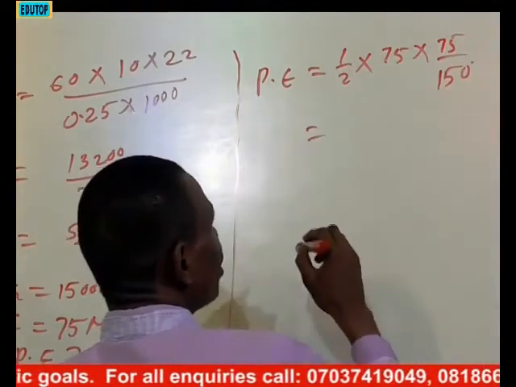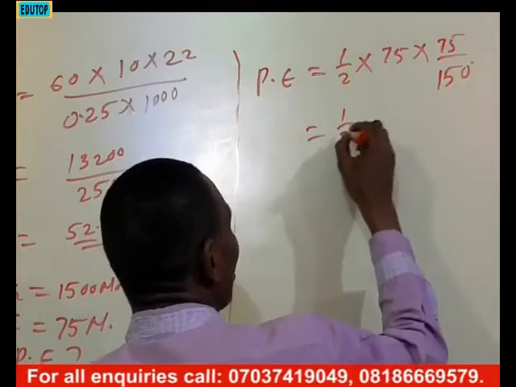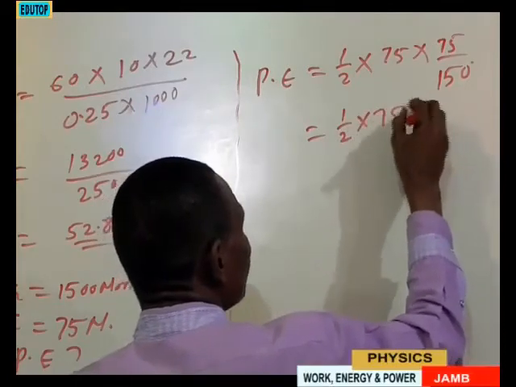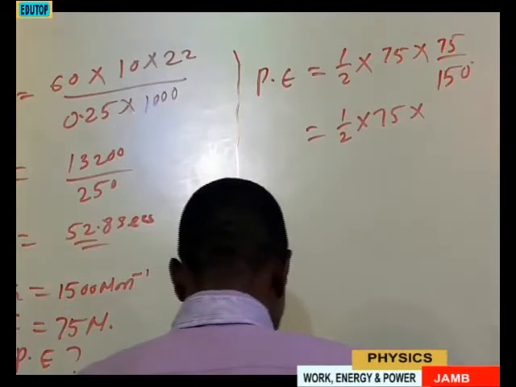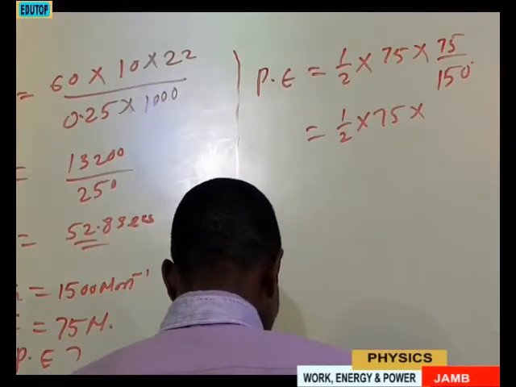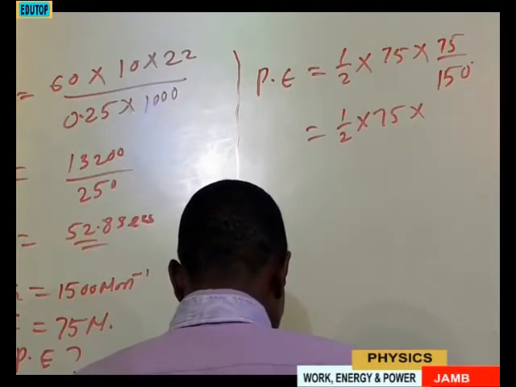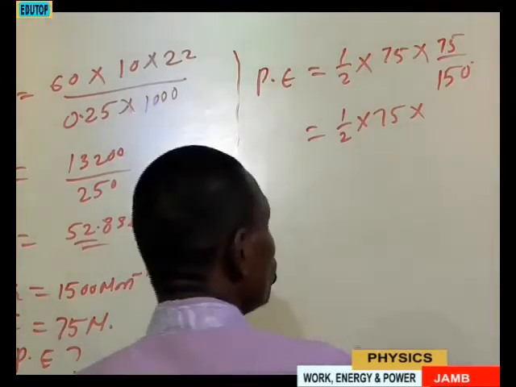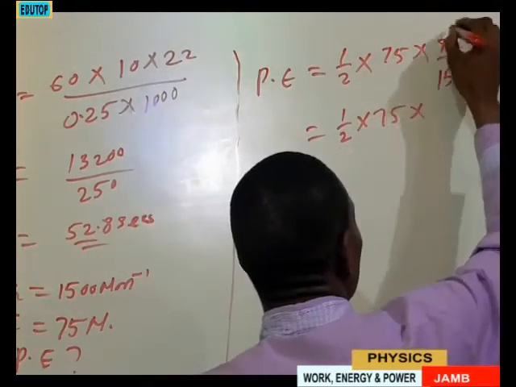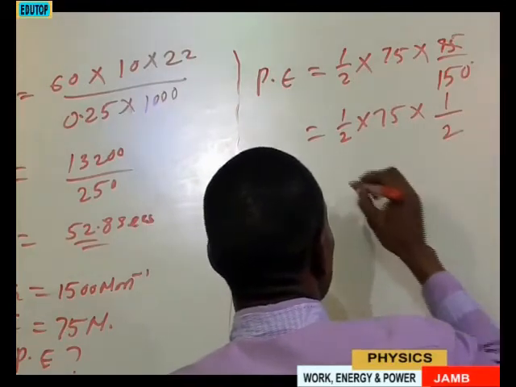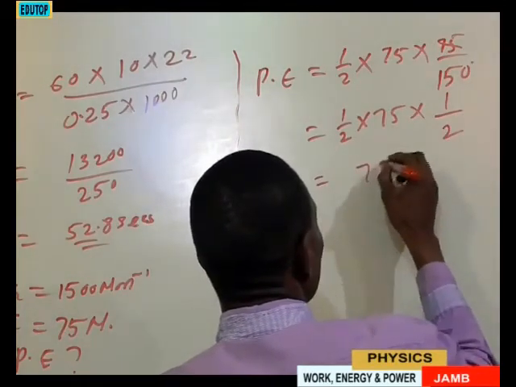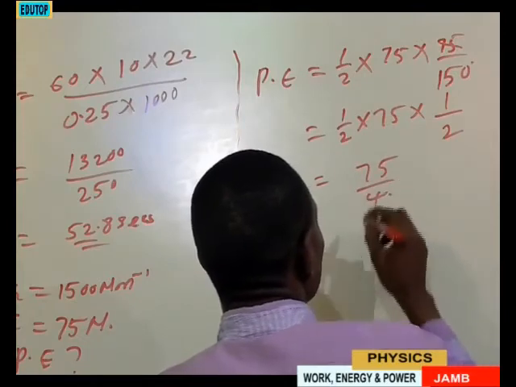From there, we can try to simplify. 75 goes into 1500 twenty times, so that gives us 75 over 4.